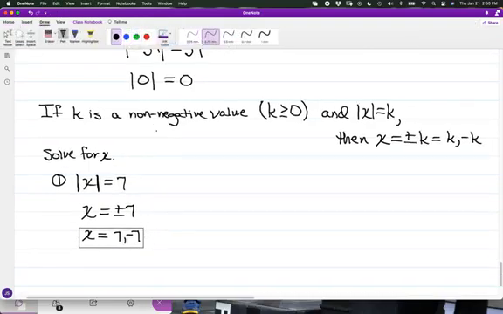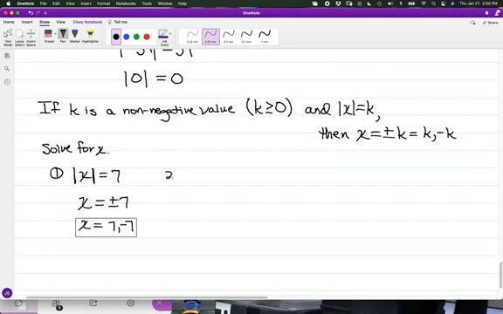And if we have something like an expression, say we have the absolute value of 2x minus 7 followed by the addition of 2 is equal to 19.